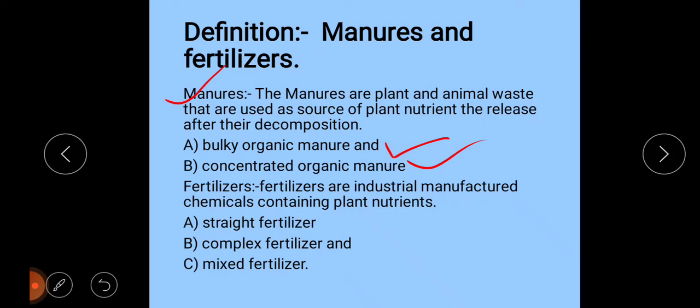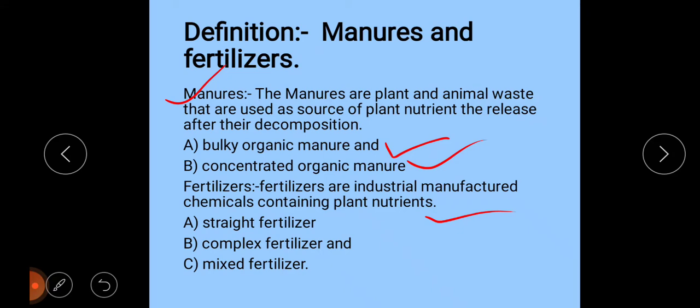Then after manure we discuss fertilizers. So fertilizers are the industrially manufactured chemicals containing plant nutrients, synthetically produced from different minerals or rocks, after chemical processes, the synthesis of a chemical constituent, and that is nothing but fertilizers.